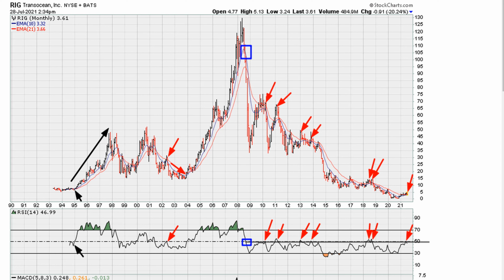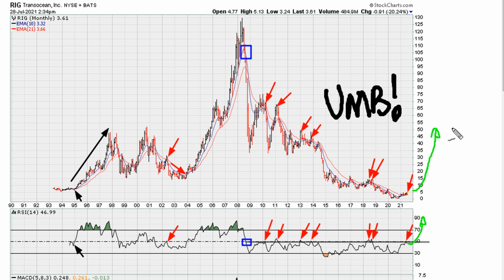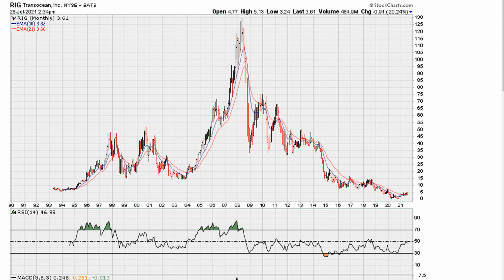So, if this instrument is to go on a major run at some point, a major run will only come if and when it can climb above RSI 50, break out, meet the minimum requirements for the ultimate Muathe breakout by moving its RSI at the very least above 50, which has been resistance recently, and moving the RSI to 3-year highs. So here we can see the power of RSI 50.